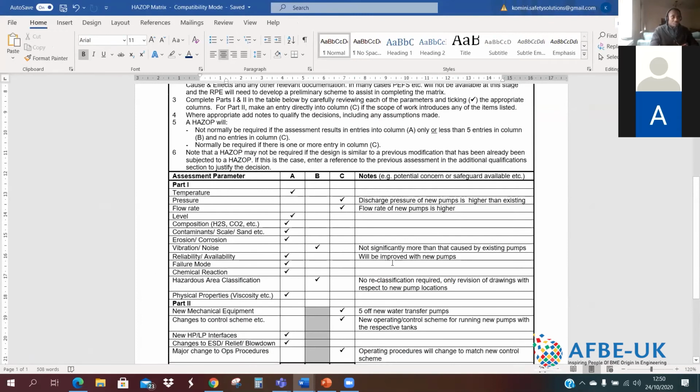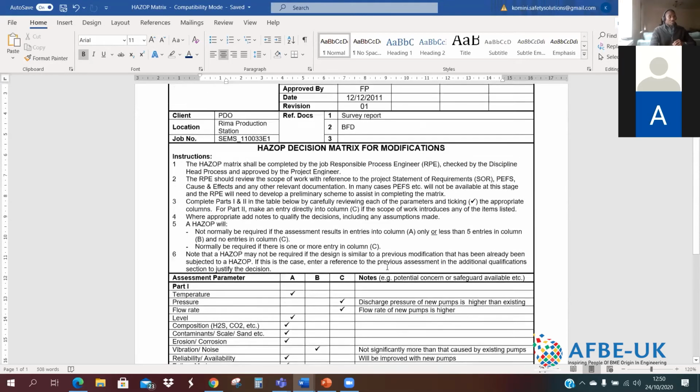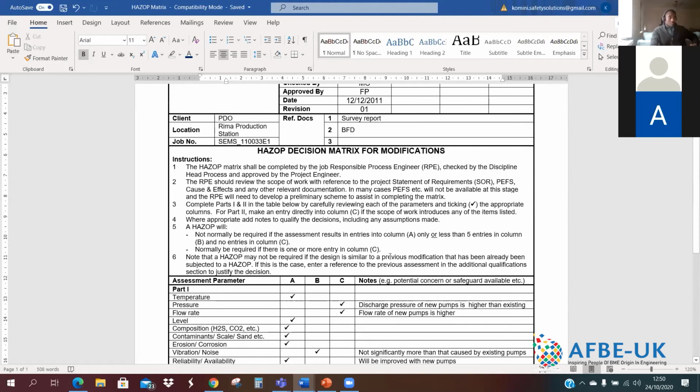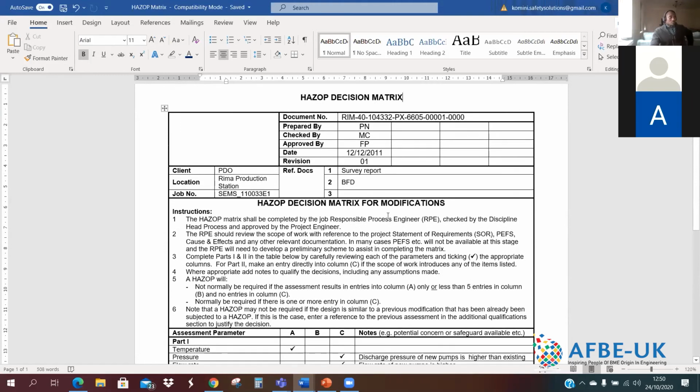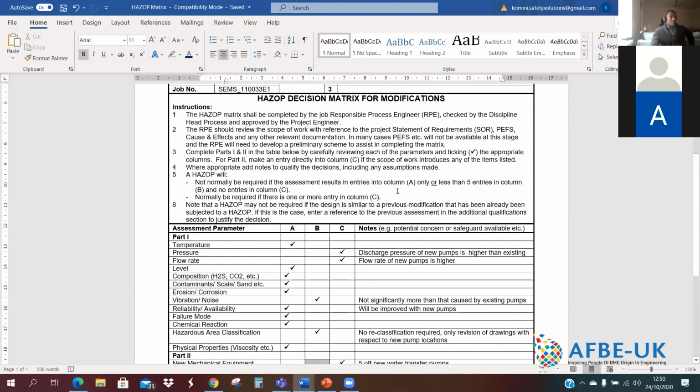This is not a blank sheet like the other one. This is populated now. So hopefully you can see the fields that are contained in the decision matrix. The bits at the top are normal project stuff.